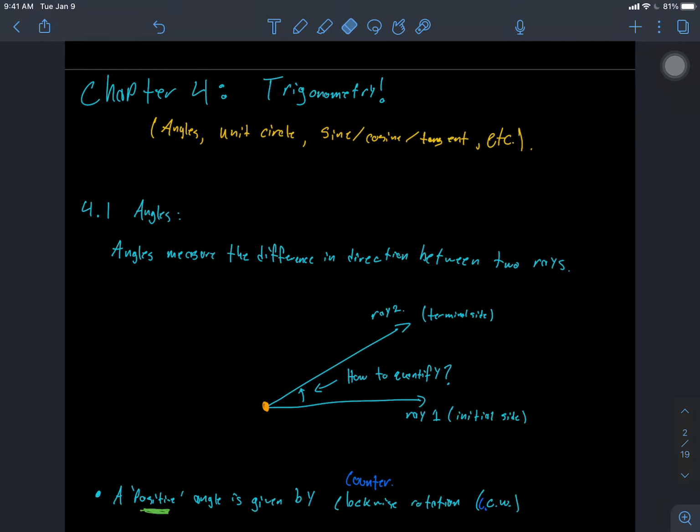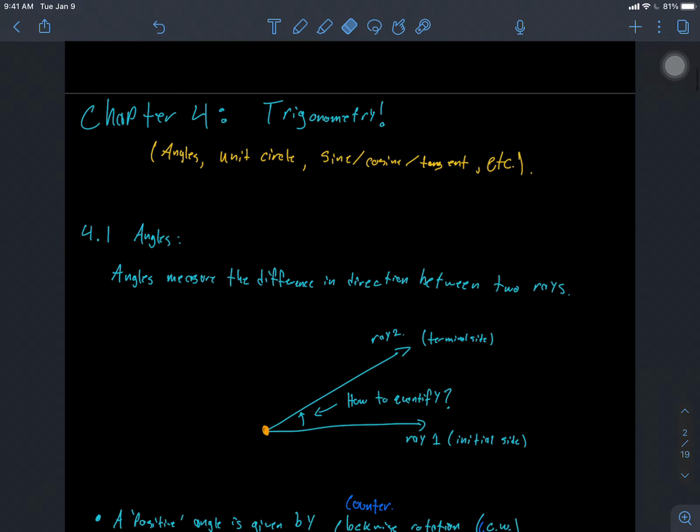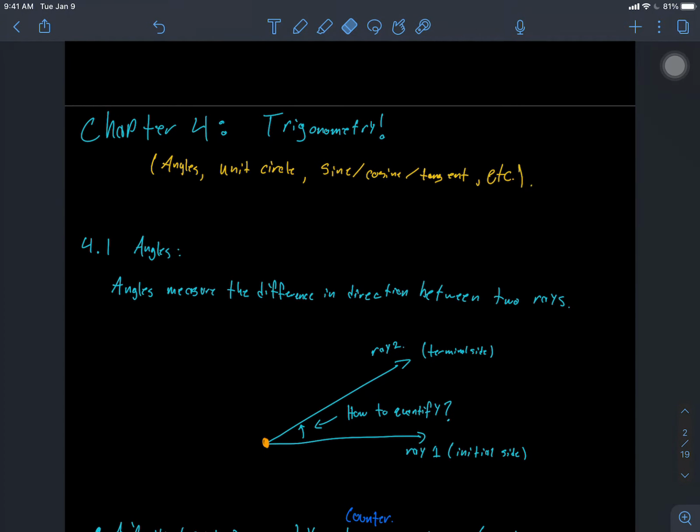trigonometry, which some students find intimidating because it's one of those things you've heard your elementary school teachers, middle school teachers and high school teachers say: oh, when you go to college you'll study trigonometry, and it's just this far-off thing that seems scary.